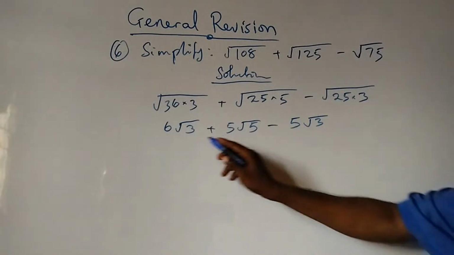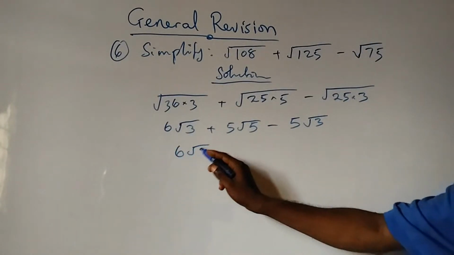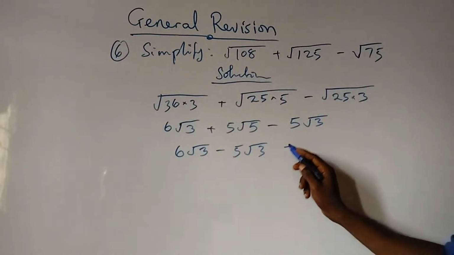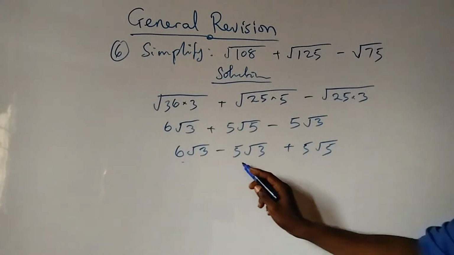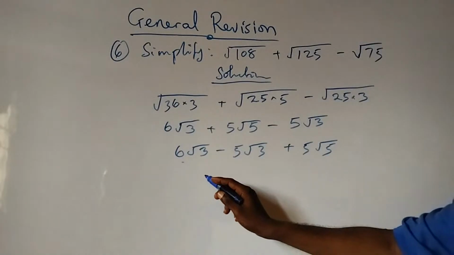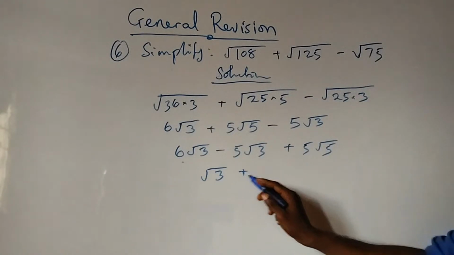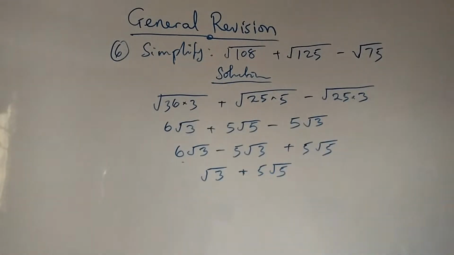Then the similar surds, we can bring them together and we have 6 root 3 minus 5 root 3 plus 5 root 5. 6 root 3 minus 5 root 3 becomes 1 root 3, which is also root 3, plus 5 root 5. So here we have this as the simplified form of this given problem.